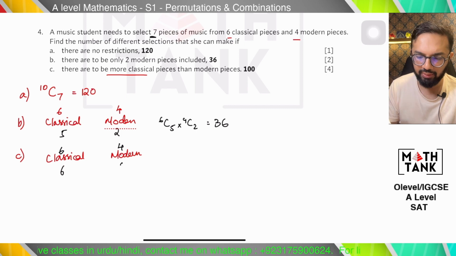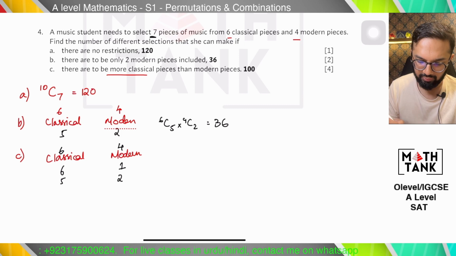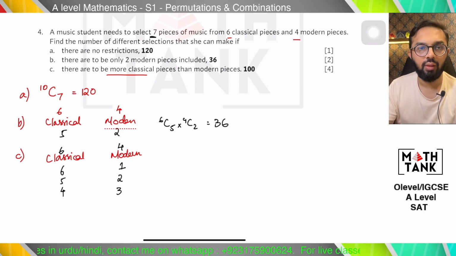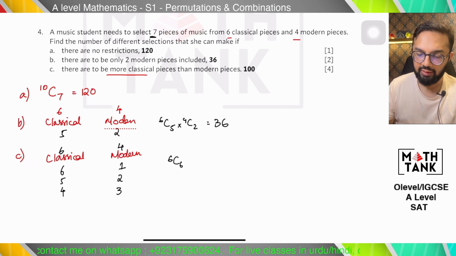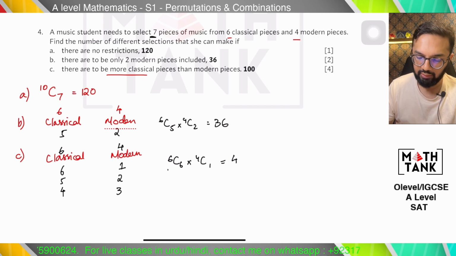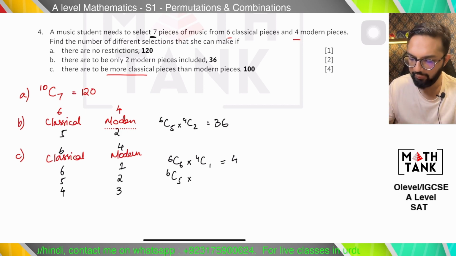So I'm just going to go with 6 and 1, 5 and 2, 4 and 3. So that gives me 6C6 into 4C1. I think that should be 4. 6C5 into 4C2.